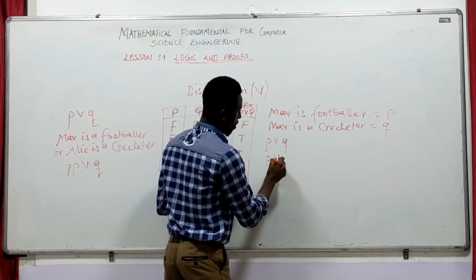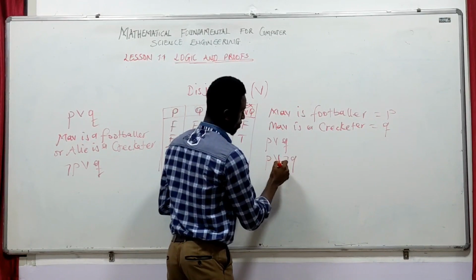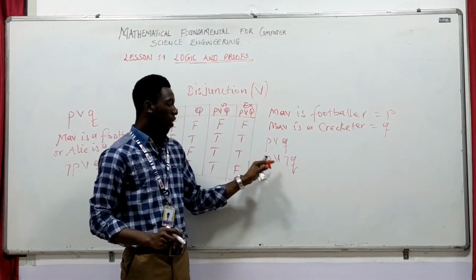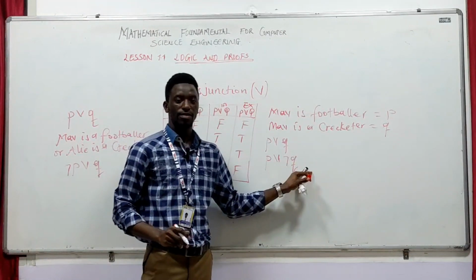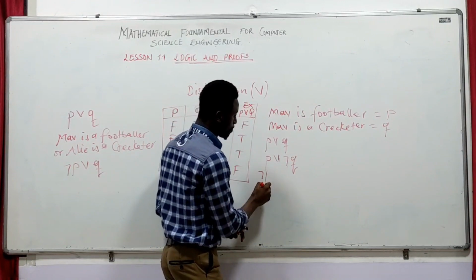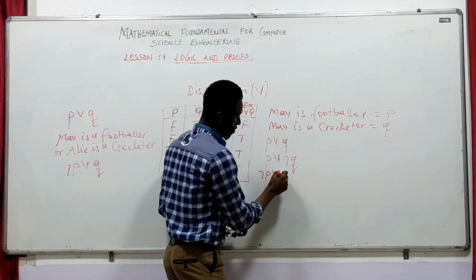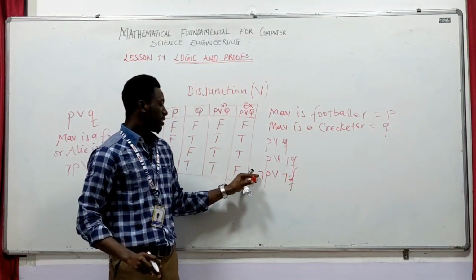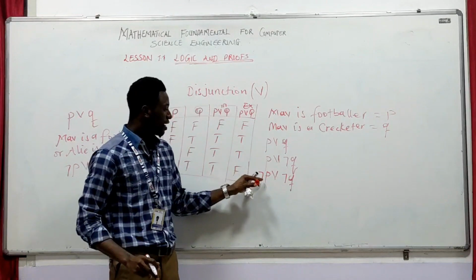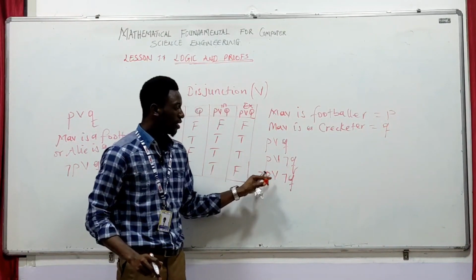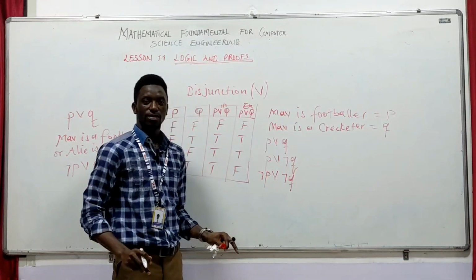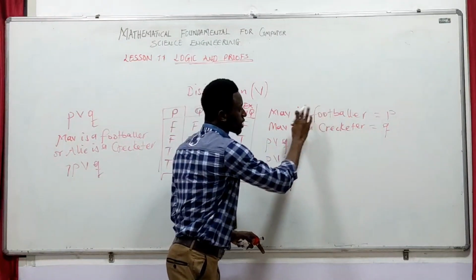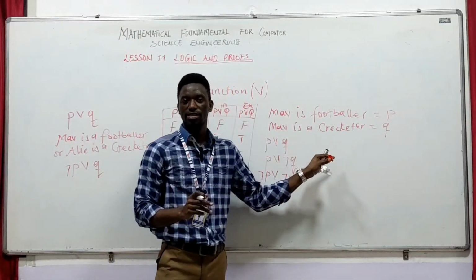P or not Q means Marv is a footballer or not a cricketer. So if we say again, not P or not Q means Marv is not a footballer and not a cricketer. So both of these statements are false. Marv is not a footballer and is not a cricketer.